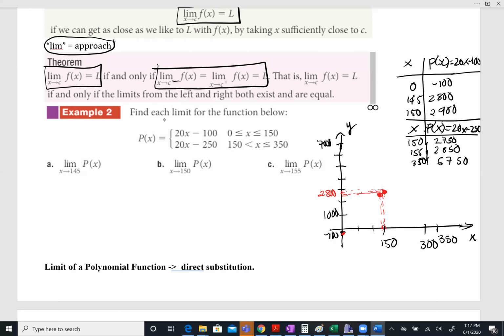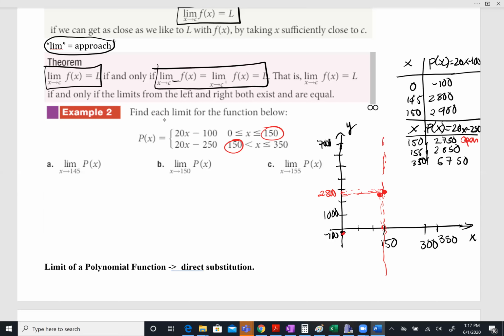And now I know that in here you see that 150 is a changing point. Okay, you should know that. So you may draw a dotted line that separates the two graphs. So for the next graph, you have to know that for 150, p(x) is 2750, which will be an open circle here, right?